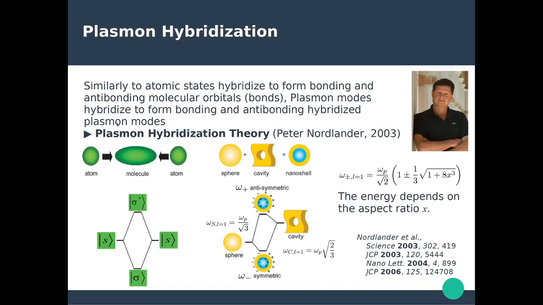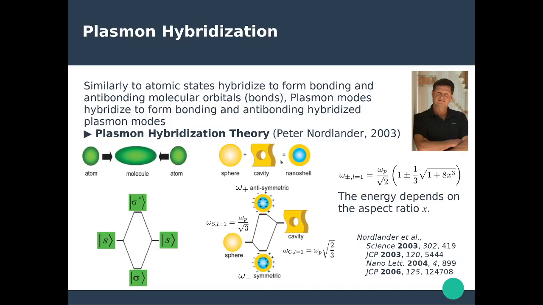This plasmon hybridization theory, which was developed by Peter Nordlander at Rice University in 2003, is extremely powerful because it really gives an idea about how to engineer the plasmon resonance to construct the optical properties you want. Very similar to how you form molecules from atoms, you can also form hybrid plasmonic states from the hybridization of more primitive structures.